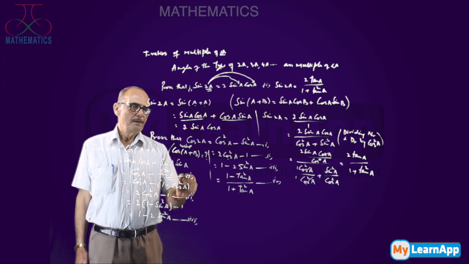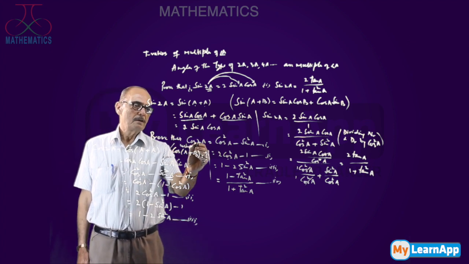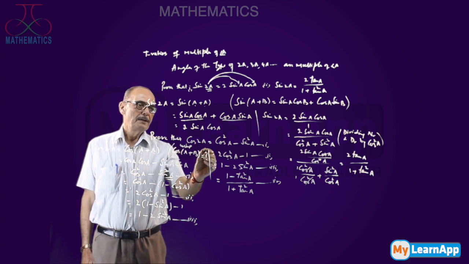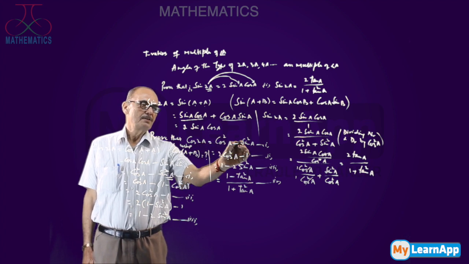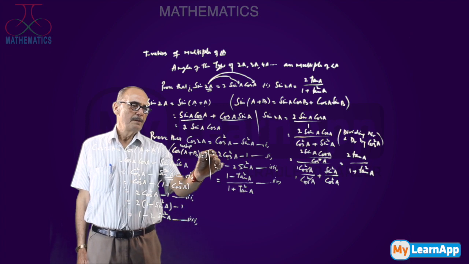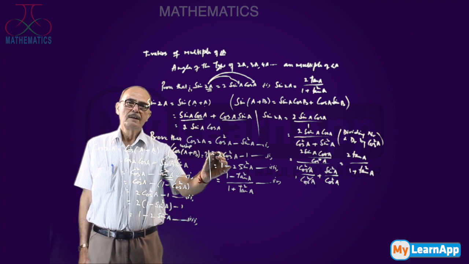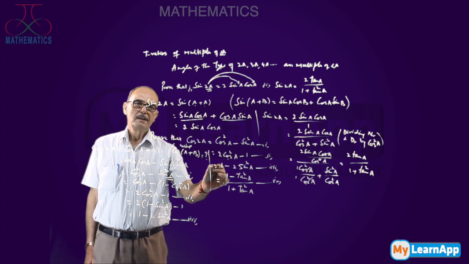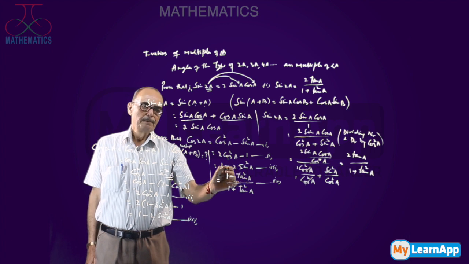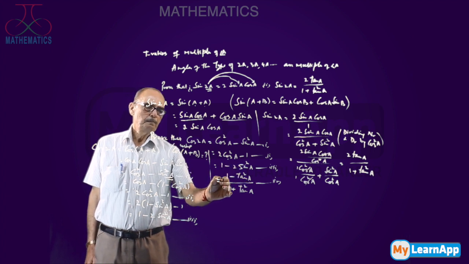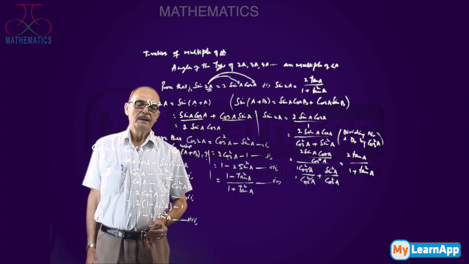We shall read the formula like this: cos of 2A in terms of cos square A and sin square A. Second formula in terms of cos square A. Third, in terms of sin square A. And fourth, in terms of tan square A.